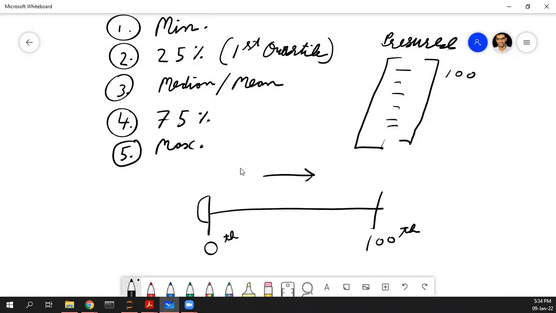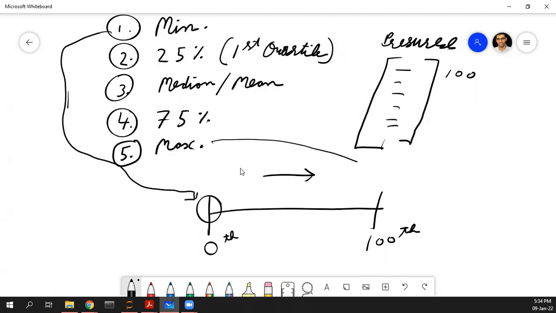This minimum point is my min value, and the 100th point, the maximum point, is my max value.